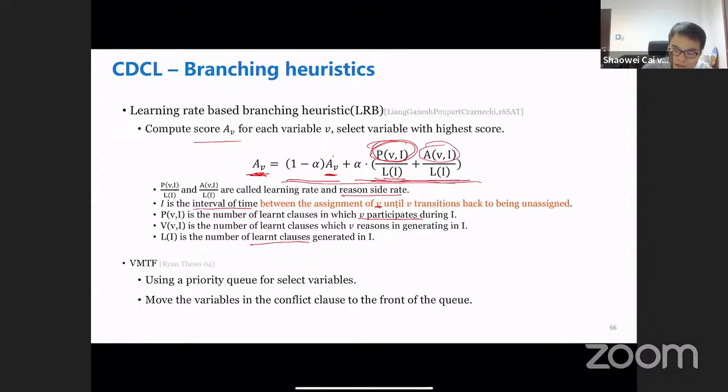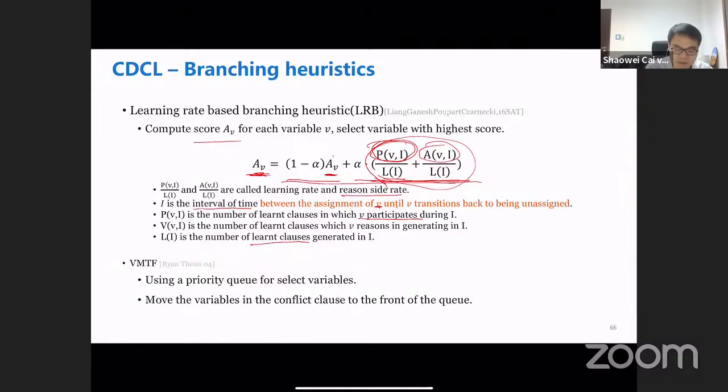So together, this sum counts the frequency in this period that this variable V participates in recent conflicts. Then we can compute this together to update the score of V. Now this is the LRB heuristic.